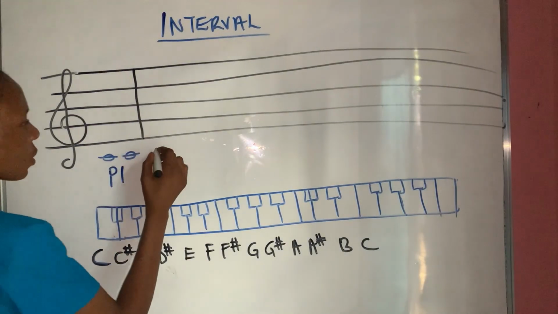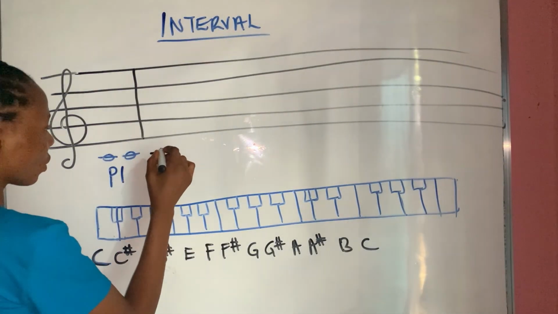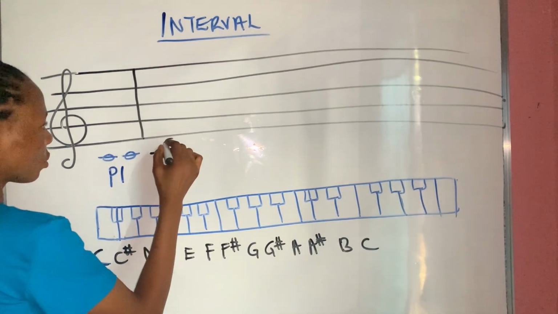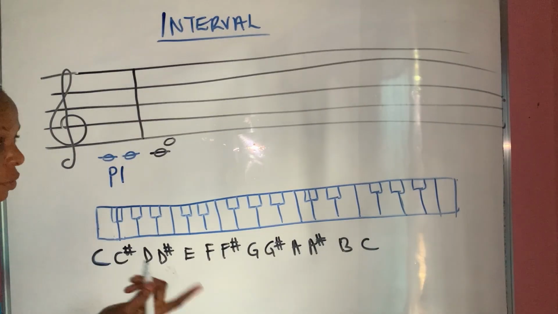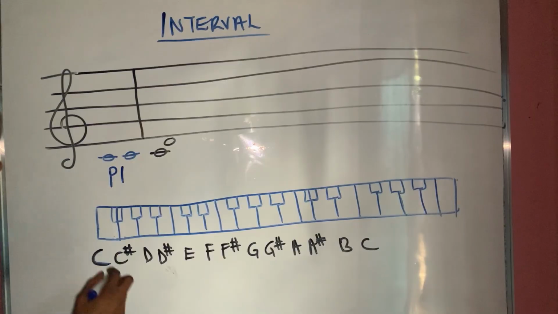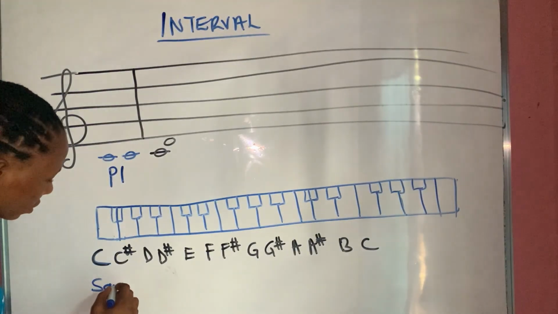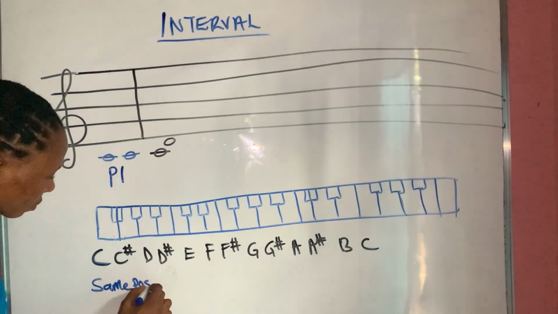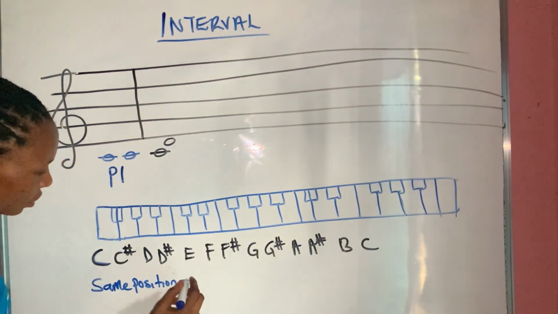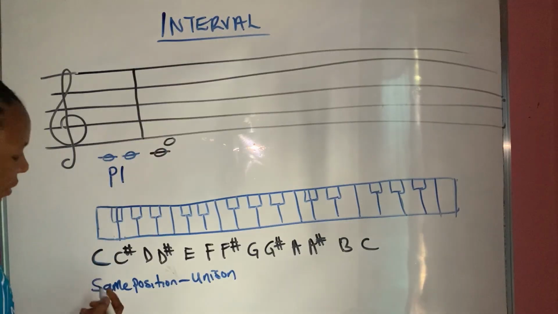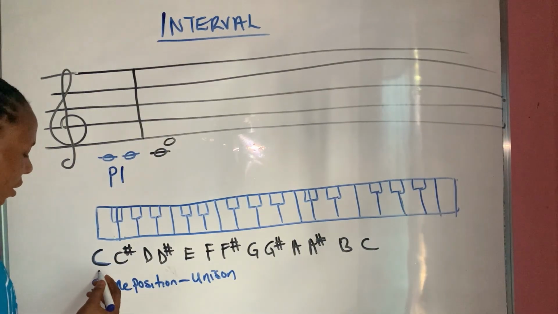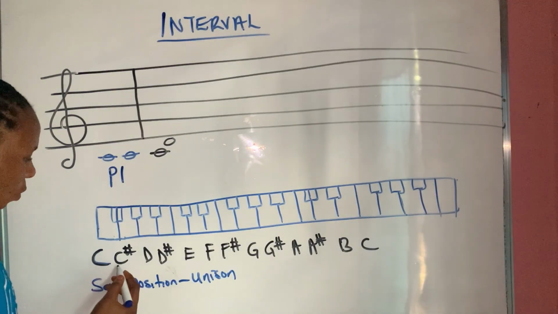Then let's see the next one. I'm going to use C as the starting point for all. When no semitones are involved, same position, I'm breaking this down for you to understand, it is unison. Now let's see C to D. How many semitones? This is C, and this is D: 1, 2.